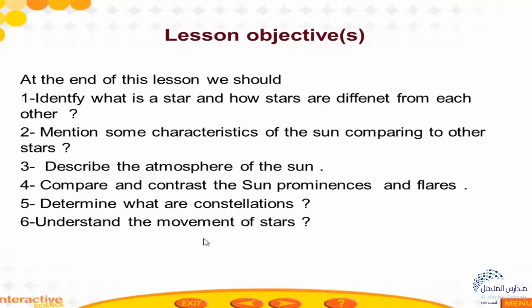We will see if the sun has an atmosphere or not, and if it has, what this atmosphere looks like. Number 4, we are going to make a comparison between some sun eruptions, which are prominences and flares. 5, we are going to determine what constellations are. And 6, understand the movement of the sun. Today we are going to cover only four objectives, okay?